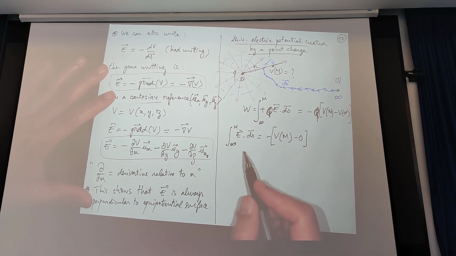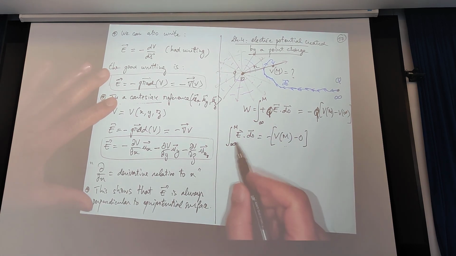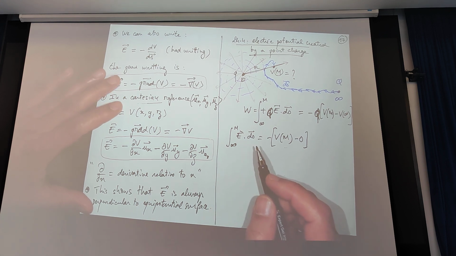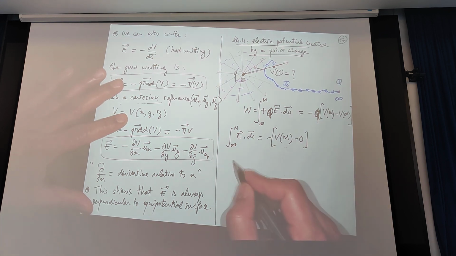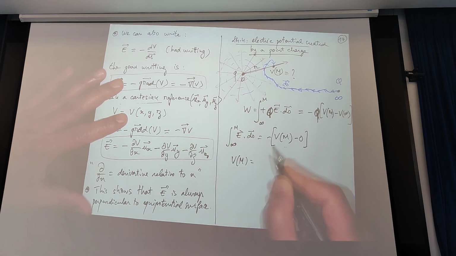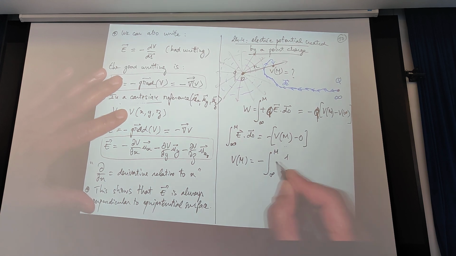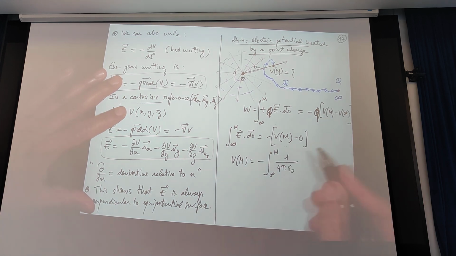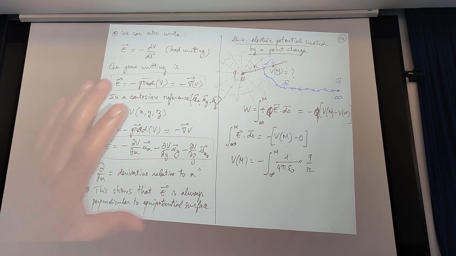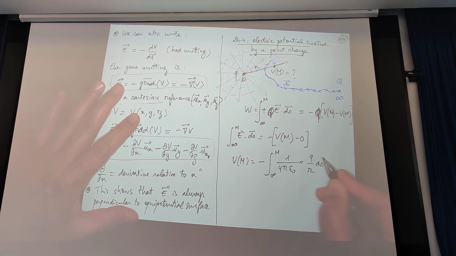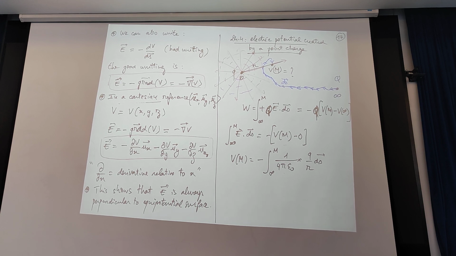So now we know the electric field created by a charge. So we have V of M, which is what we want to find, equal to 1 over 4 pi epsilon 0, the charge Q over r squared, times ds. Oh, sorry, I made a mistake, but whatever.